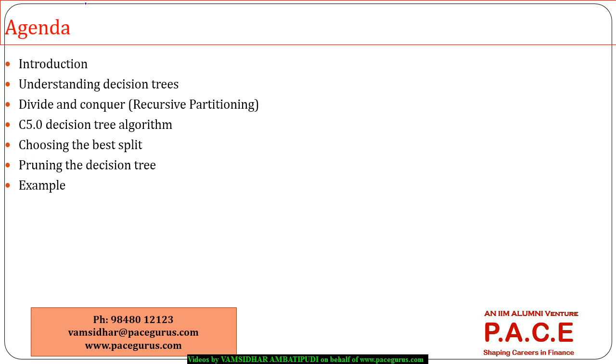So we will be understanding how decision trees are typically different from nearest neighbors kind of algorithms, or how they are different from naive Bayes and various other classification algorithms.